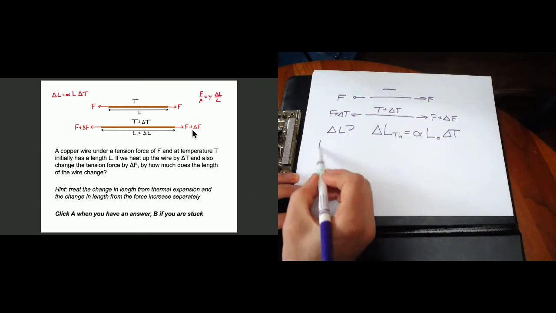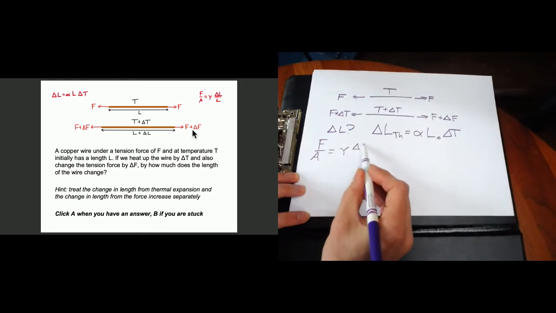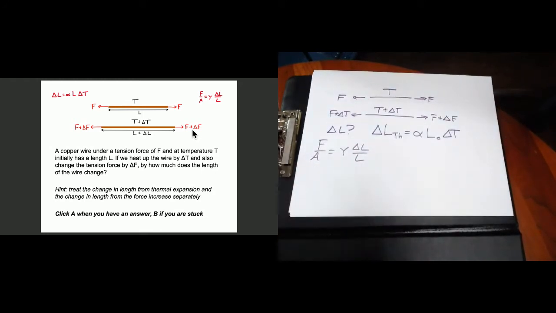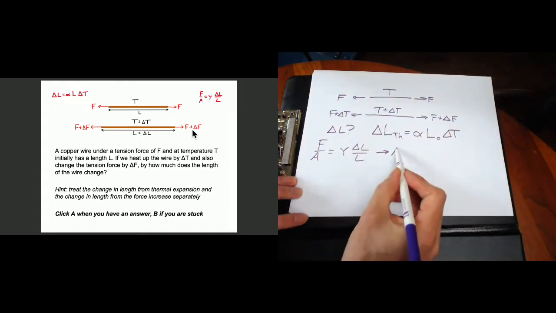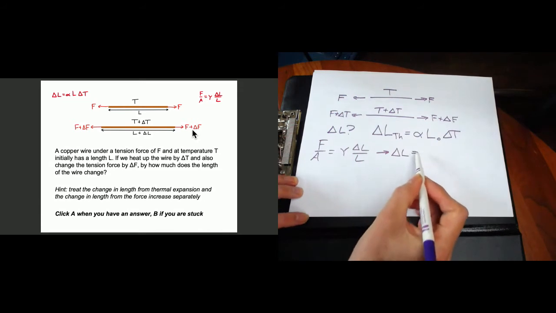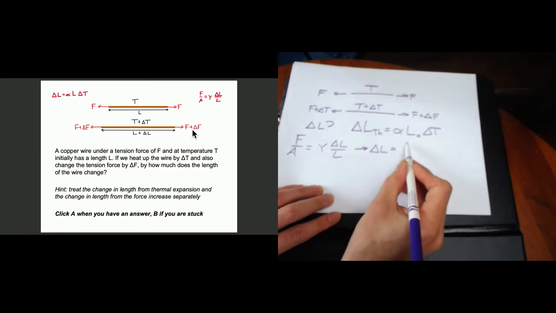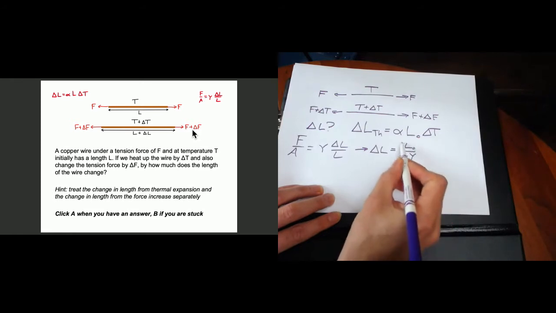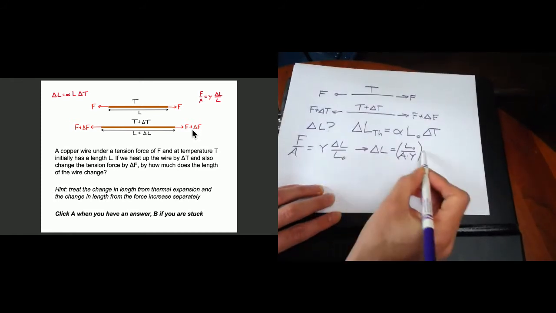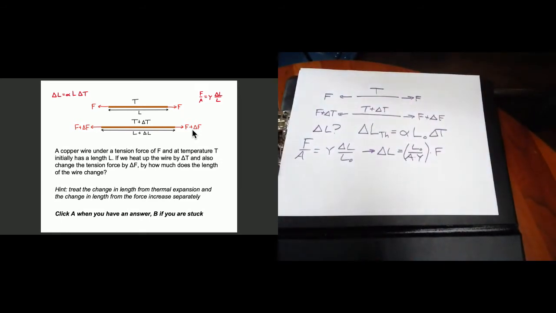So we have this formula, F over A equals Y delta L over L. And we can rearrange that to give the following, that delta L is equal to L0 over AY times F. So this is almost what we need, but not quite.